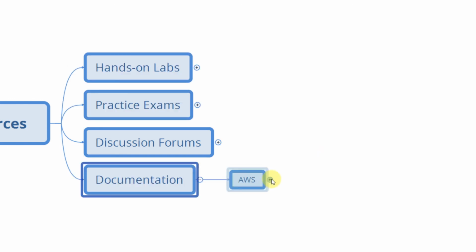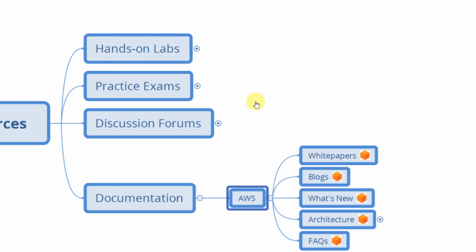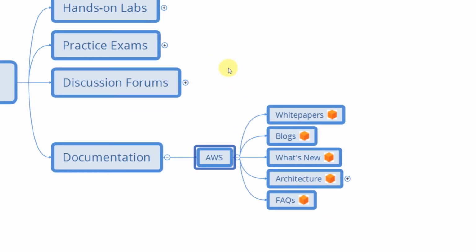Documentation, it's best to primarily rely on AWS documentation because it's official, it's the source of truth. There's extremely useful white papers and you can find them at this link. There's blogs you can look at to stay current, the What's New channel to stay current. And this is, I think, one of the most important resources for solutions architects.